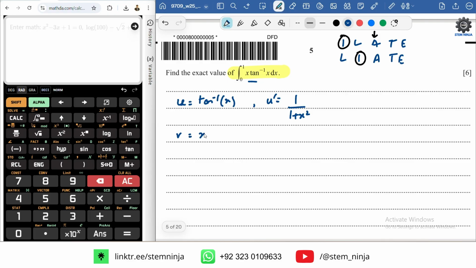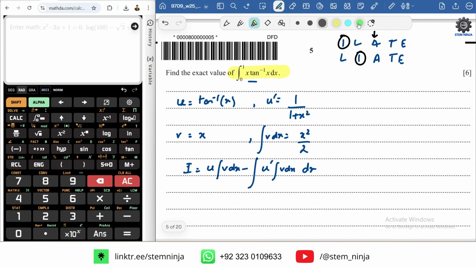Similarly, v is x. So therefore the integral of v dx would be x squared over 2. Now when we are actually doing the integral of u integral v dx minus integral of u prime integral v dx dx, notice what two terms will be multiplying: this one and this one.